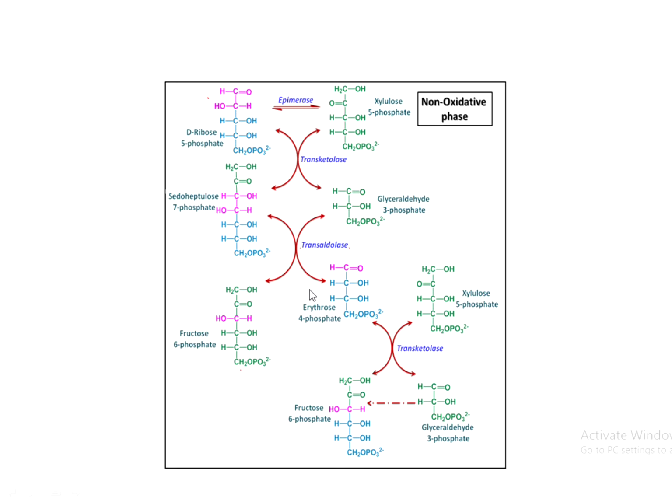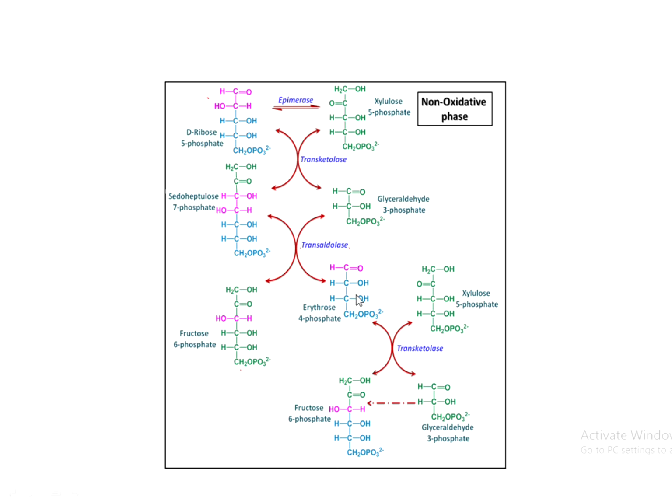This is the non-oxidative phase. So D-ribulose 5-phosphate enters into the non-oxidative phase and reacts with epimerase and we get xylulose 5-phosphate. Then these two react with transketolase and we get sedoheptulose 7-phosphate and glyceraldehyde 3-phosphate. Again these react with transaldolase and we get fructose 6-phosphate and erythrose 4-phosphate.